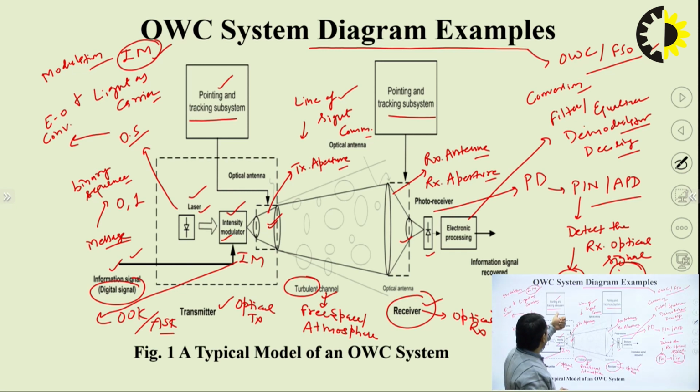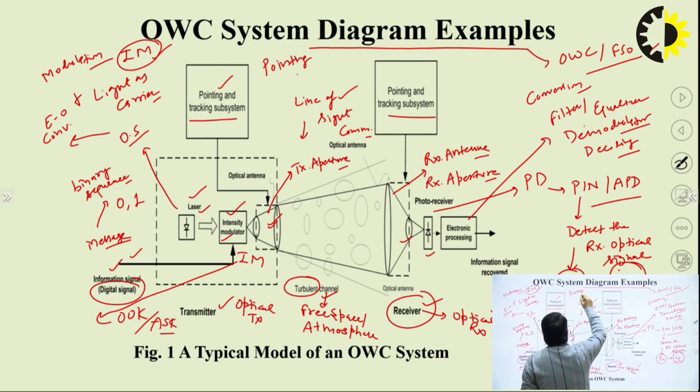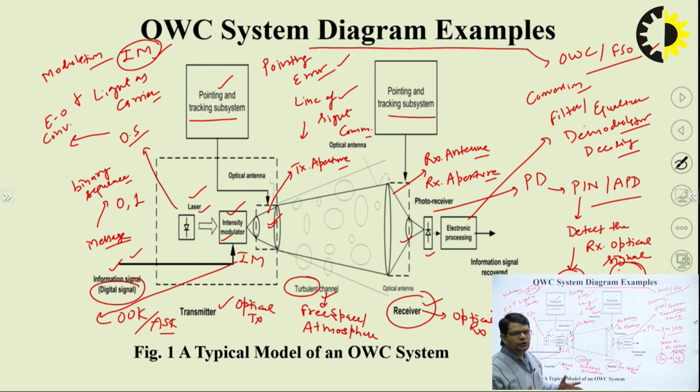When this positioning and tracking system is not working properly or the transmitter and receiver are not properly aligned, then what we get is an error known as pointing error. To ensure better performance, the FSO transmitter must be properly aligned with the FSO receiver.